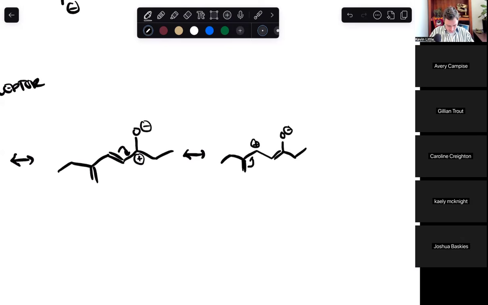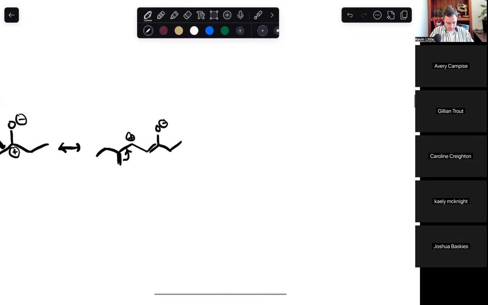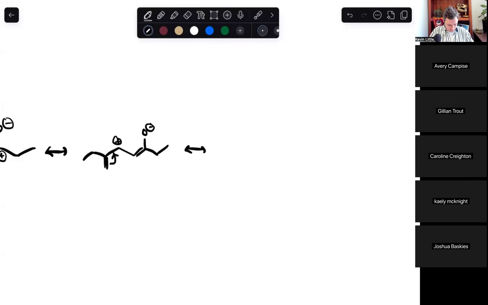And then we can do it one more time because I have another double bond next to a positive charge.